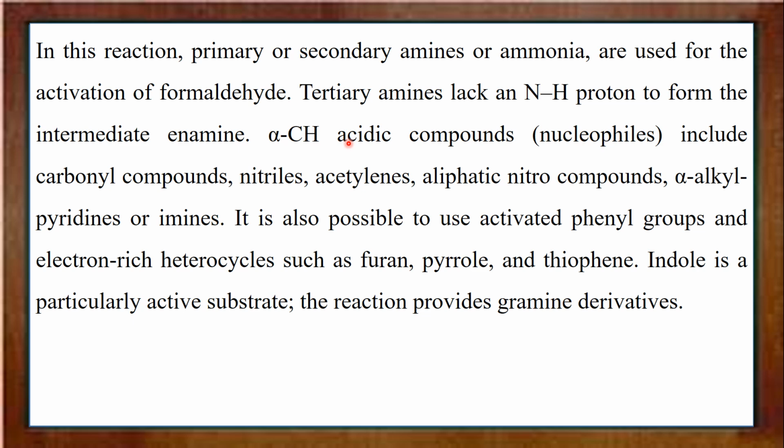In this reaction, as I said, we can use carbonyl compounds, and the carbonyl compound can be replaced by nitriles, acetylenes, aliphatic nitro compounds, alpha alkyl pyridines, and so many other molecules. Even activated phenyl groups can be used.